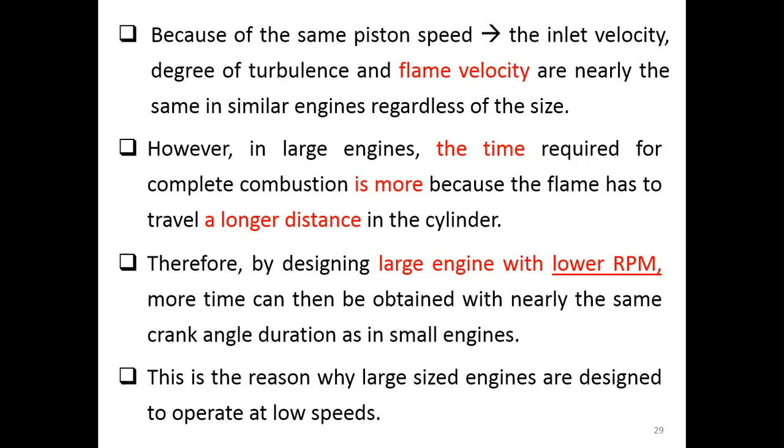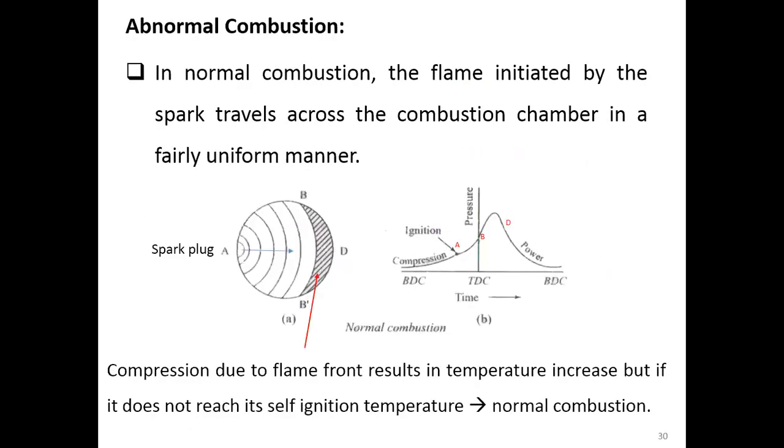They need time, and that time can be obtained by letting them run at a low speed. That is why all the large, big-size engines run at a lower RPM, on the condition that they are the same design engine.